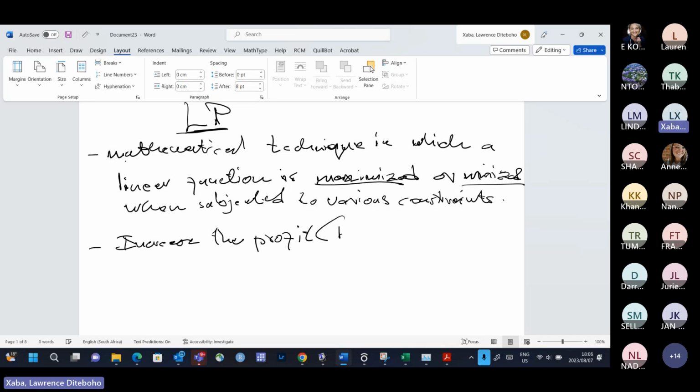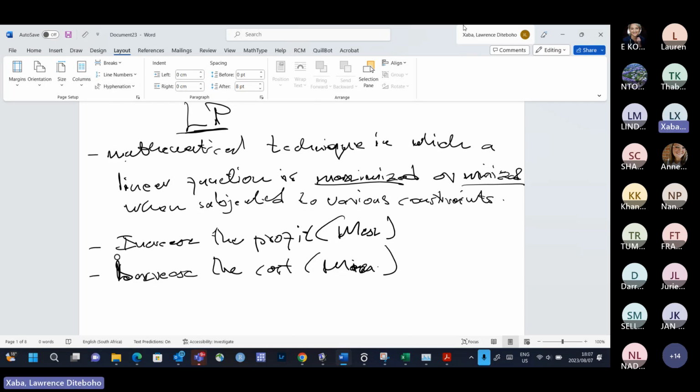So that goes with max. Then we have where we are trying to lower or decrease the cost. This is how we put it in a business context. We maximize and we minimize.